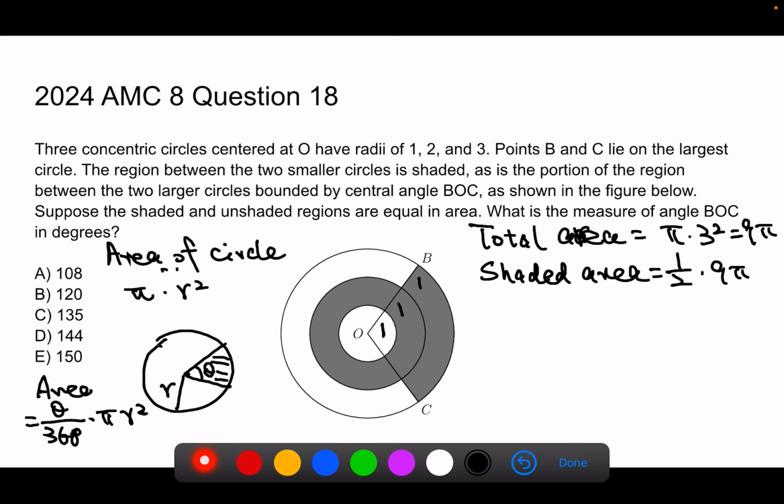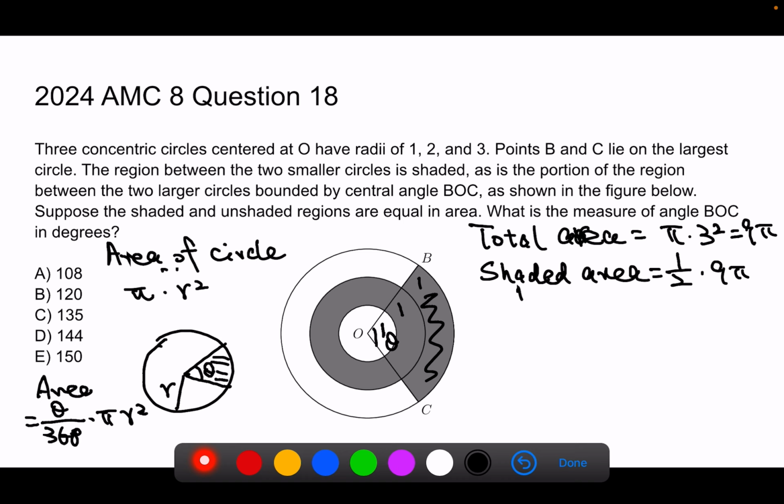Now I need to figure out how to express that using this angle BOC, which you can assume is theta. The shaded area has two parts to figure out its total area. The first part is a donut. Second part is this small piece of the donut. So let's do this one by one.